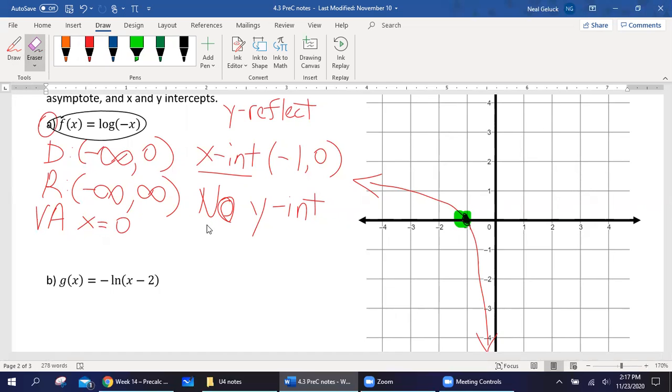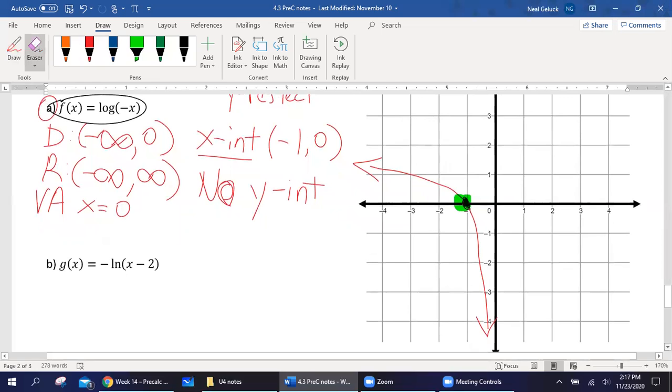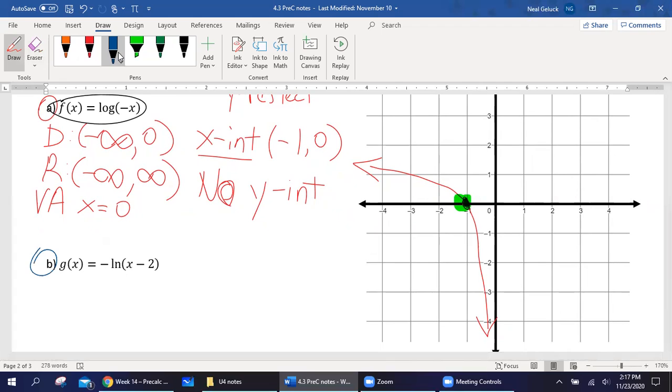For letter B, now I'm looking at natural log. So we have some transformations. I'll be graphing this one in blue. X minus 2 is going to move it to the right 2. And then negative on the outside is going to be an x reflect. So remember, the point that we're moving is the point 1, 0.